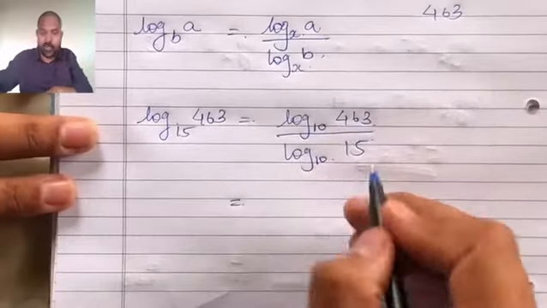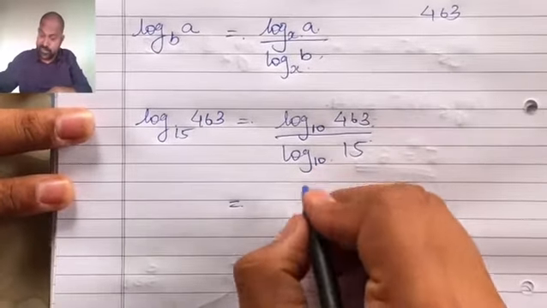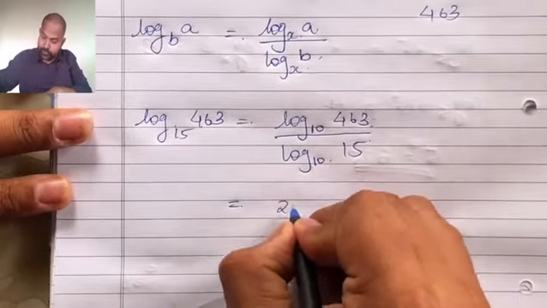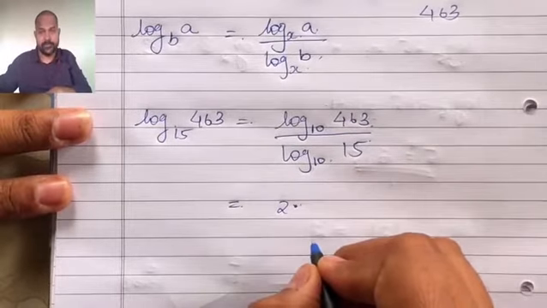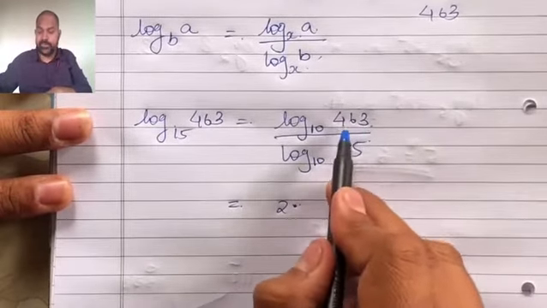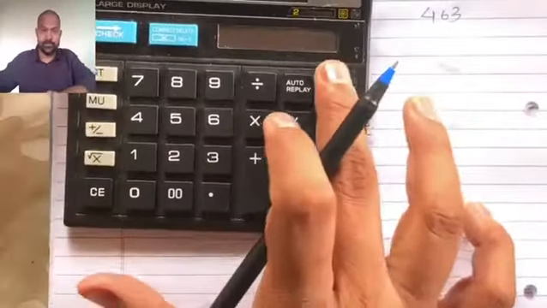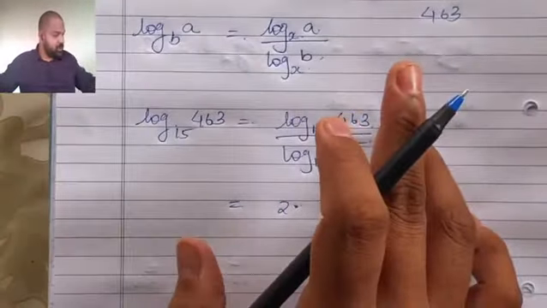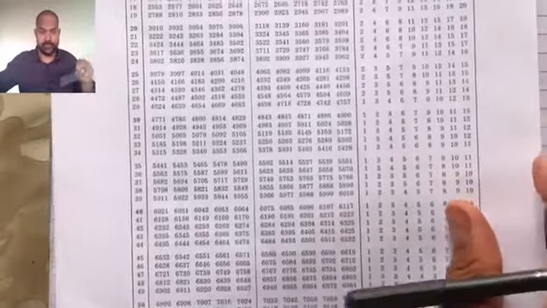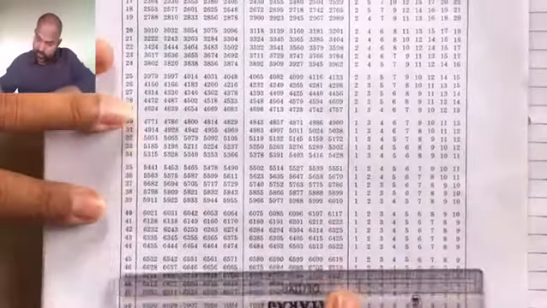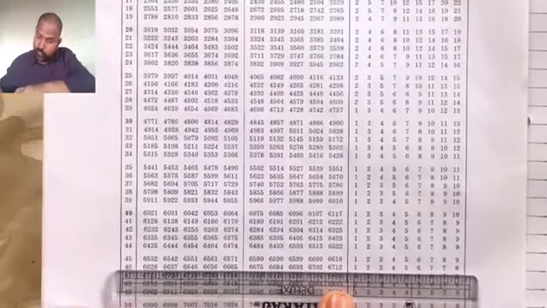3 places before the decimal, minus 1 is 2. Point. Without the decimal, the number is 463. So let me get the log sheet. Under 46, I have to look for 3.